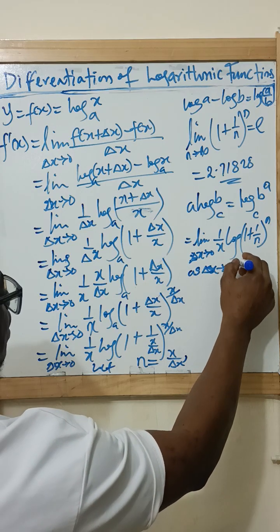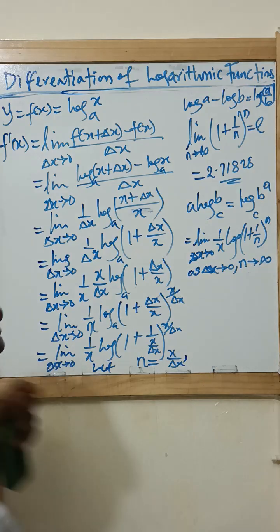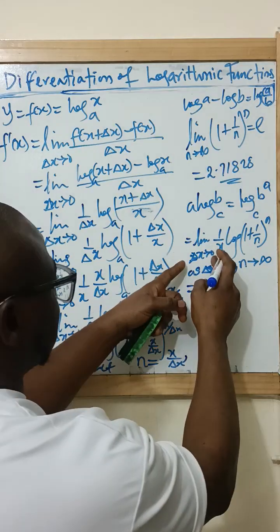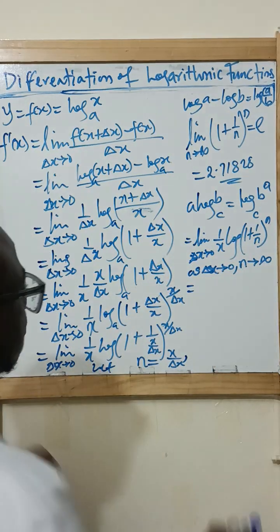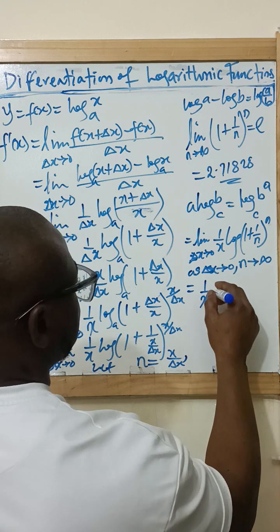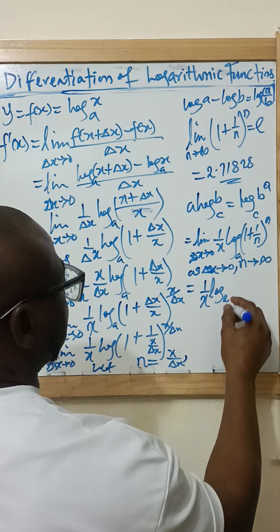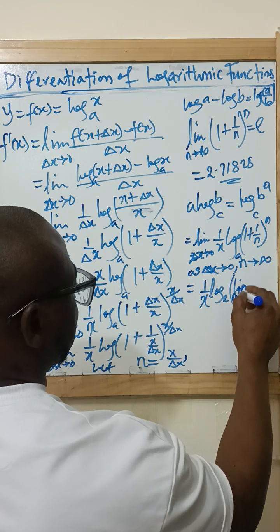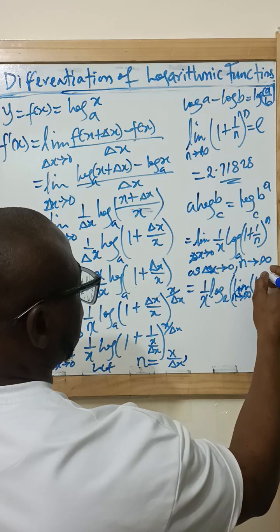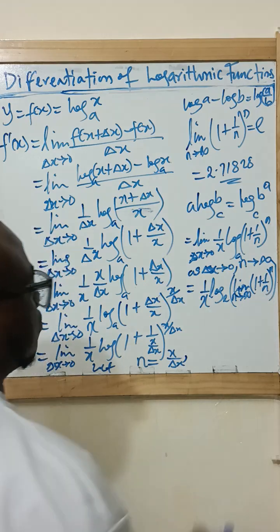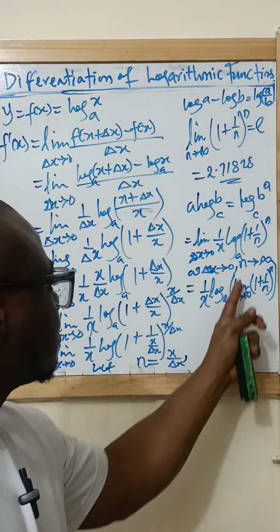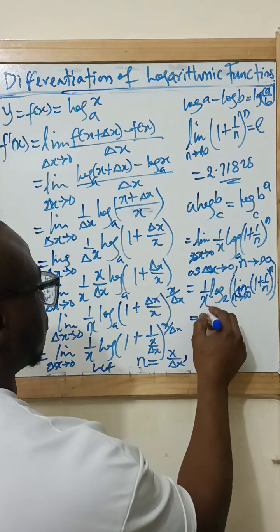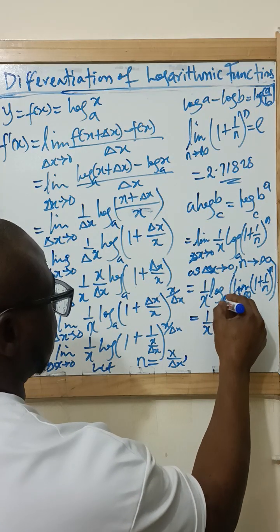So we can shift these limits into this particular subject. It's going to be 1 over x log to base a of the limit as n tends to infinity of 1 plus 1 all over n raised to power n. So the entire expression here is now equal to e, right? So this is now going to be 1 all over x log e to base a. So this is the final expression.